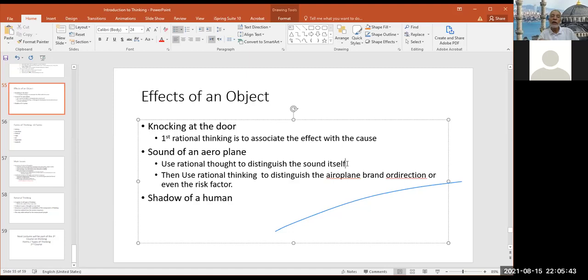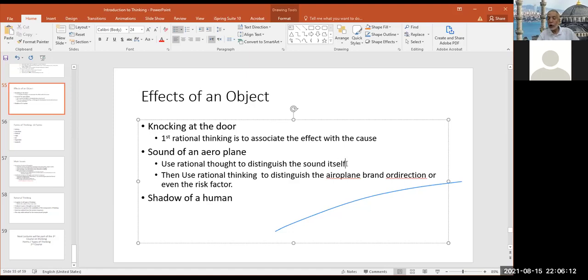Now, the nature of that jet fighter, like what color it has, what size it has, who is in it, you need more information on this and more sensing, because if that cannot be sensed, there is no way. Here the only sensing you have is the sound of an object.